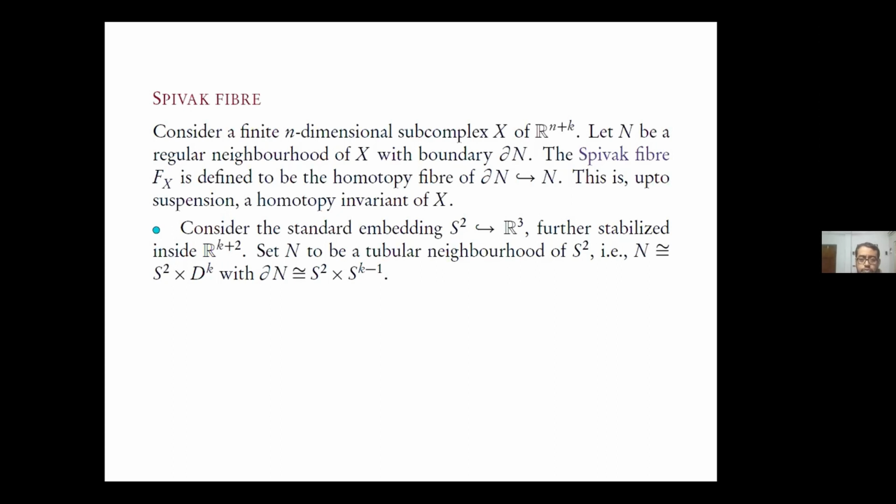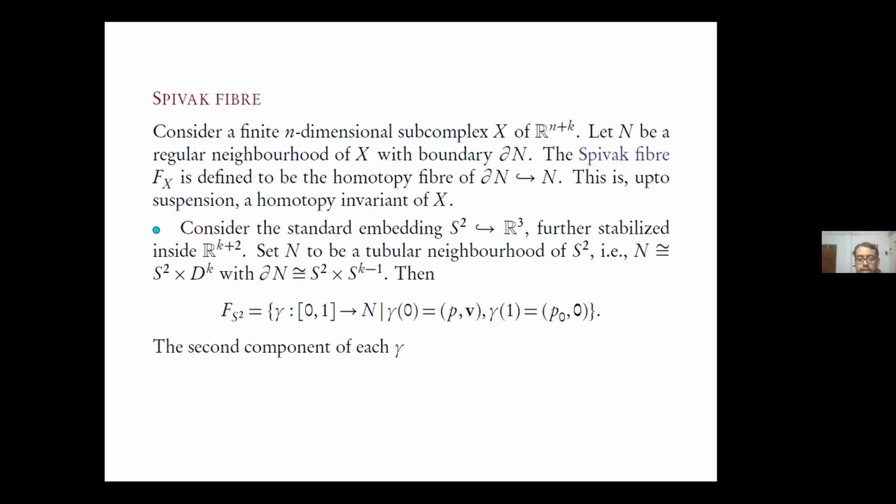So now if you try to compute this homotopy fiber, what are you looking at? If you go by the definition, F of S2 is simply going to be all paths in N starting at a point (P, V) in the boundary. Here V stands for a unit vector, and the path should end at a prescribed point (P0, 0), right? But you notice that this map has two components, because N itself splits into a product.